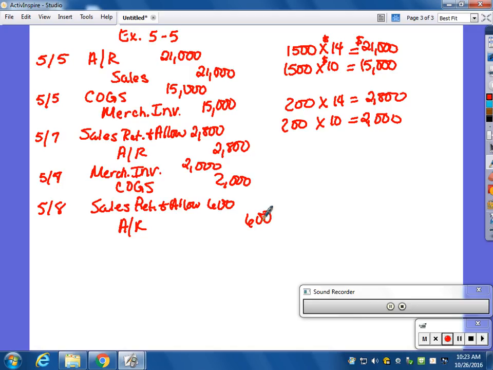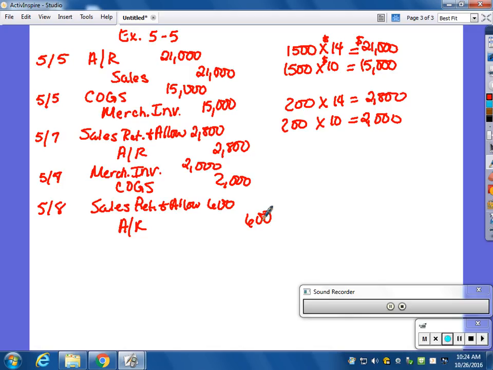Lastly, on May 15th, they discover that 100 units are the wrong color. So the customer is going to keep 60 of them, but we're also going to extend a $120 credit to the customer to compensate.